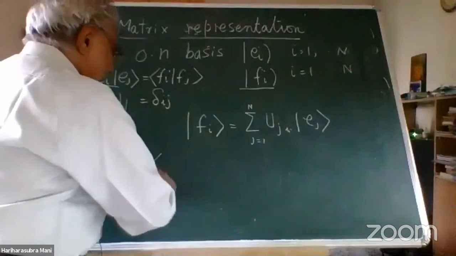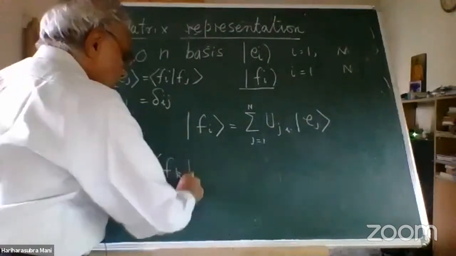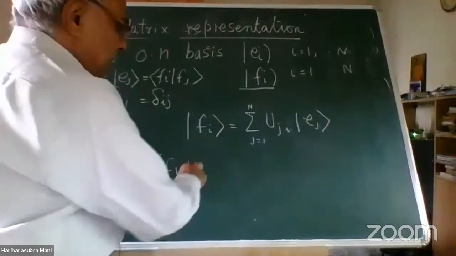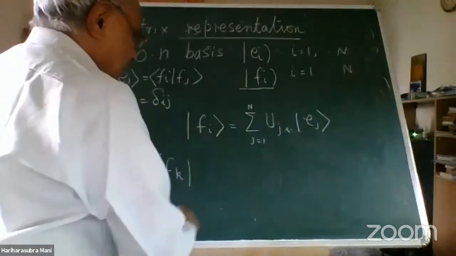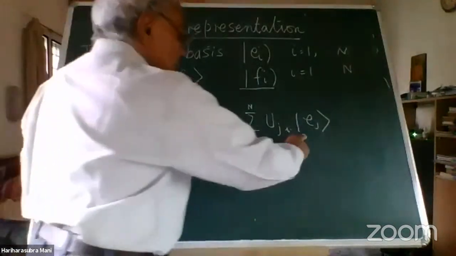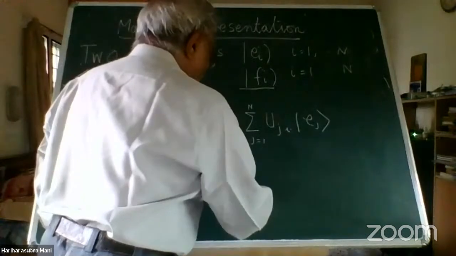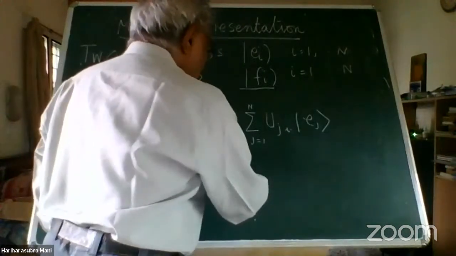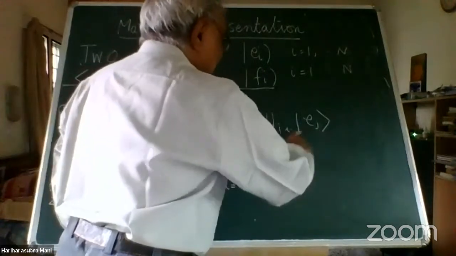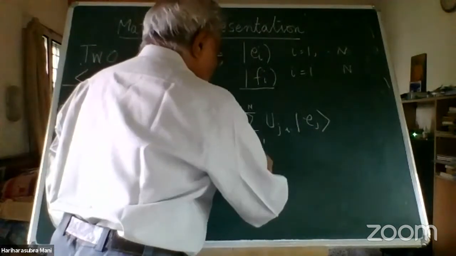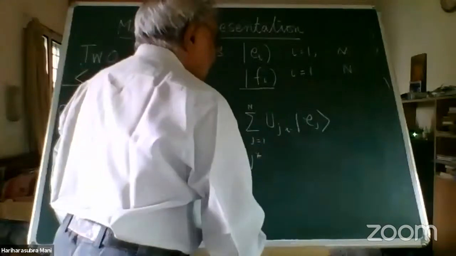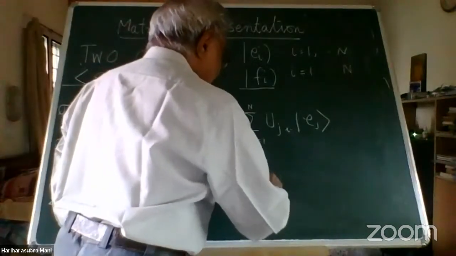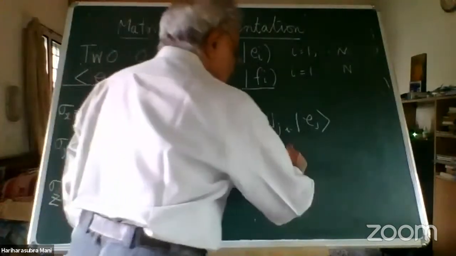I will write down F_k. I have to take complex conjugate, and instead of calling this i, now I'll call it k. That will be summation over L going from 1 to n. I will use a different symbol. Instead of here, I will write down U star LK E_L.